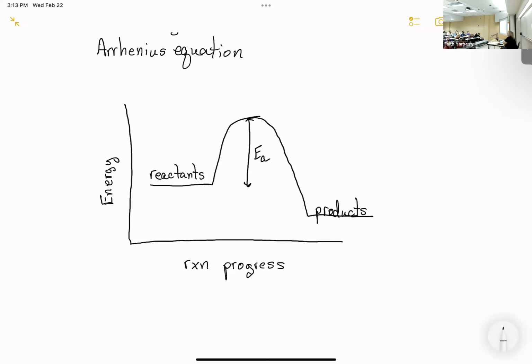Now I'm going to describe this difference between the reactants and the products in terms of the enthalpy, the heat of the reaction, because it's the only term we've really talked about in college chemistry.